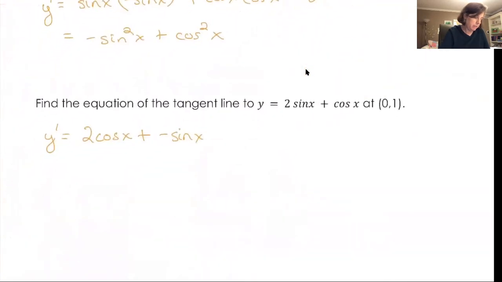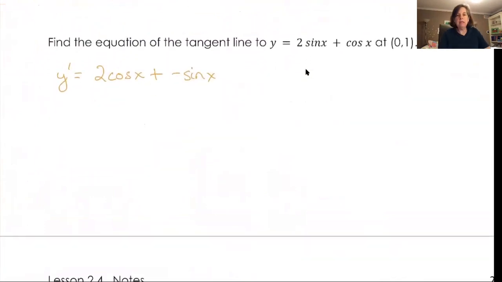Okay. All right, so we're finding the equation of the tangent line. In order to find the slope of the tangent line, I will plug the x value, which I'm getting from right here, into my equation. So that's 2 times the cosine of 0 minus the sine of 0.